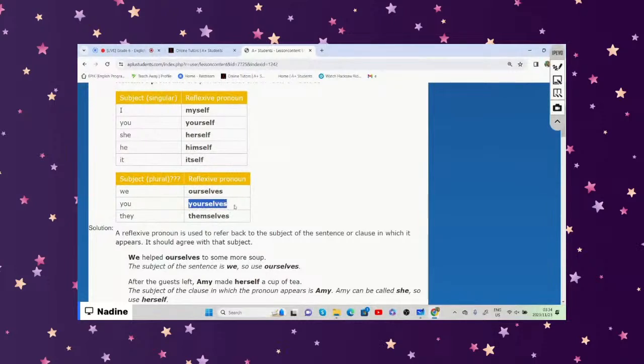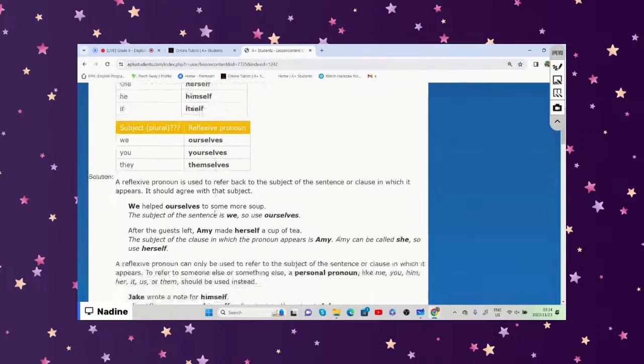It's almost like there's a group of learners or kids standing on one side and you are pointing to them. That is when you say you for more than one person, or yourselves for more than one person. And then they, which is the plural subject, refers to the reflexive pronoun themselves, right?